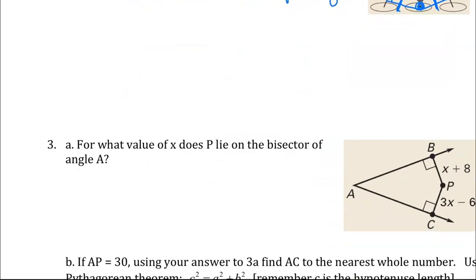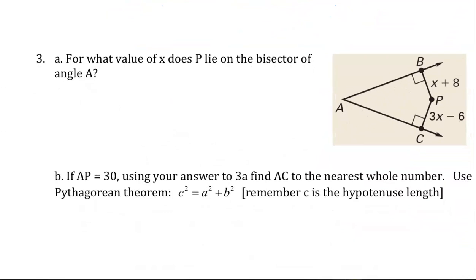Okay, that brings us to 3A. For what value of x does P lie on the bisector? Okay, if it's on the bisector, that means that these angles are equal, right?